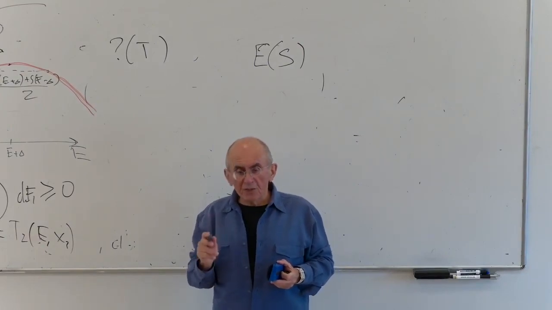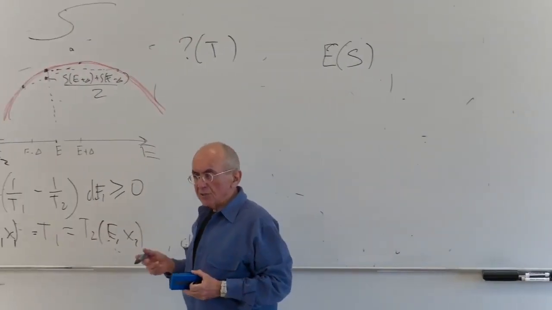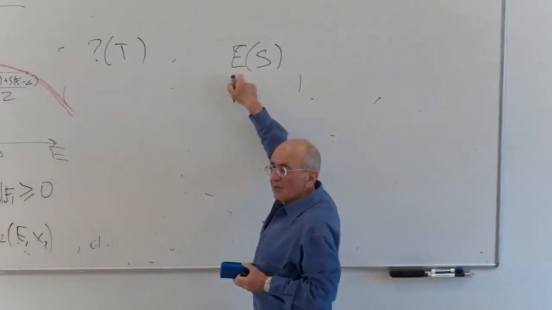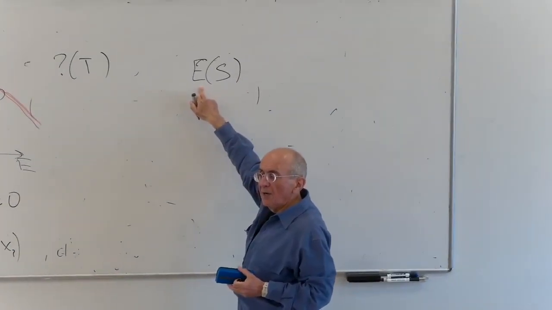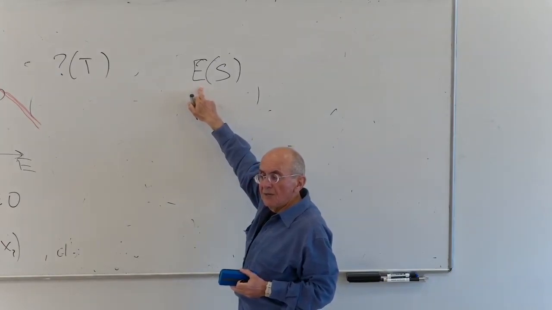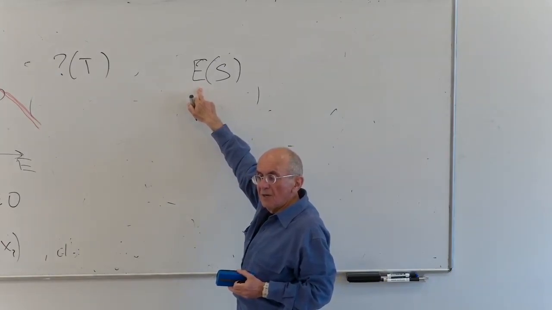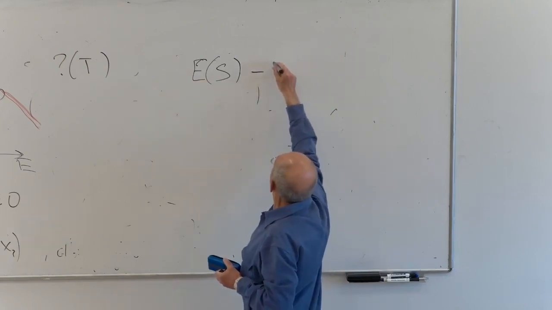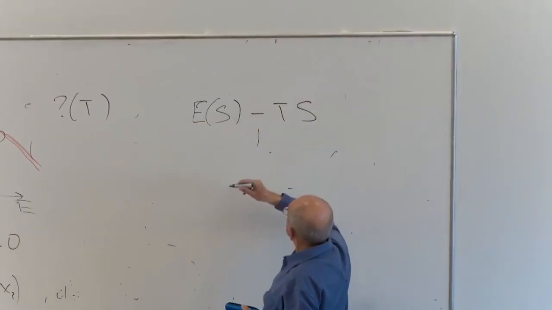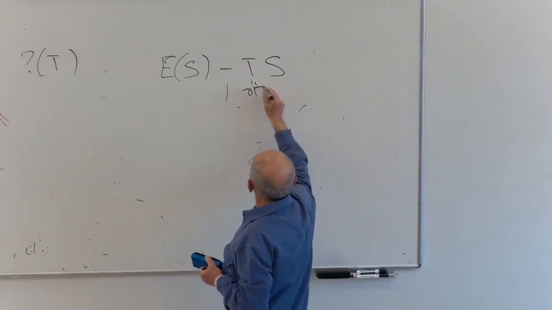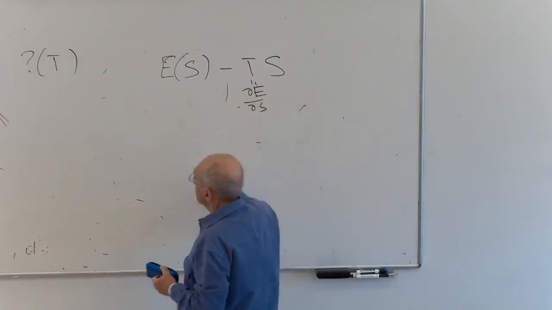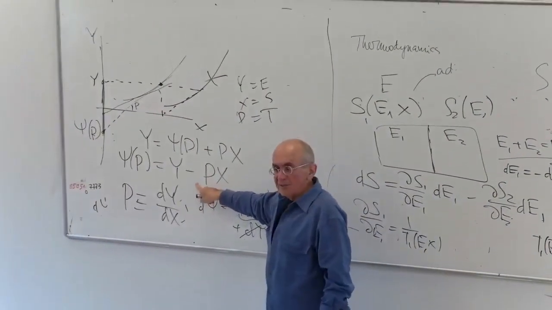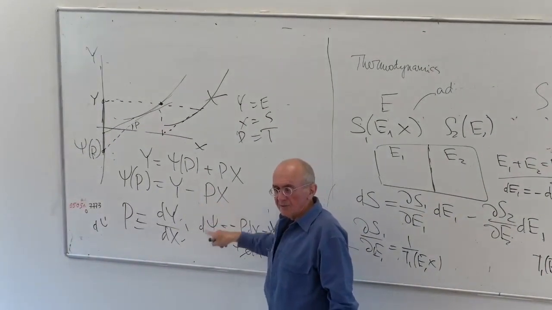So what is the function which is a Legendre transform of E of S? E minus TS. Of course, because this is dE/dS, that's my p, this is TS, okay?